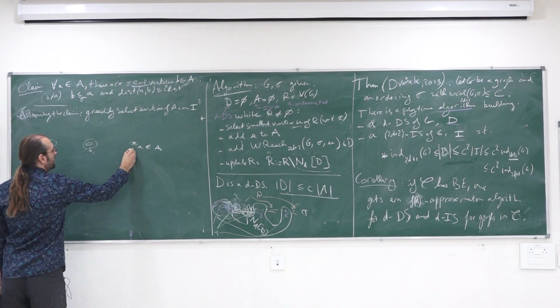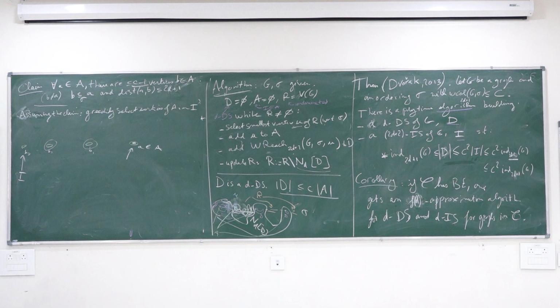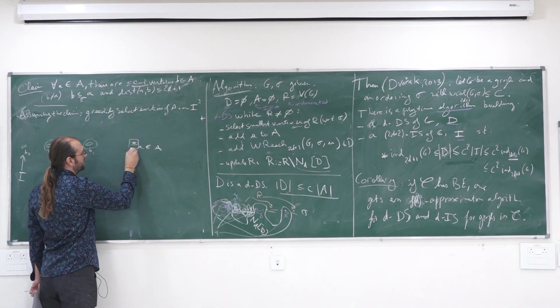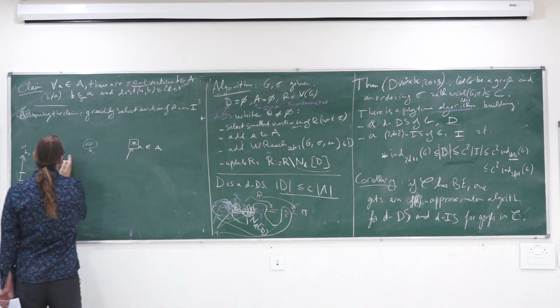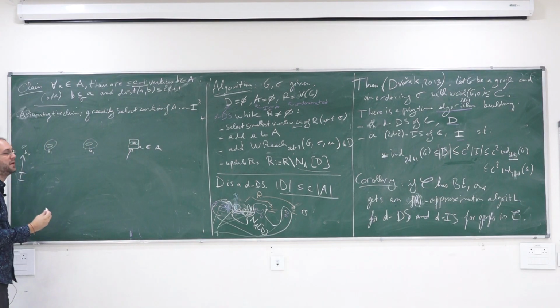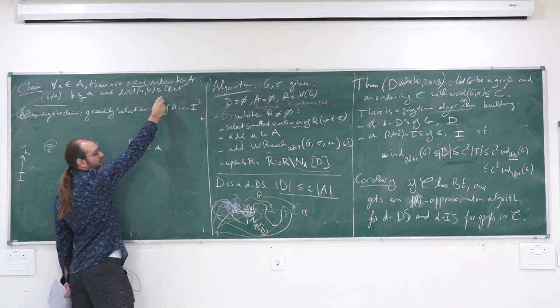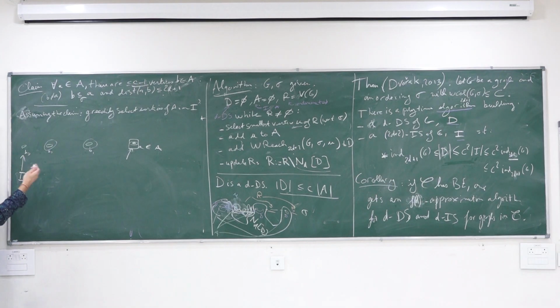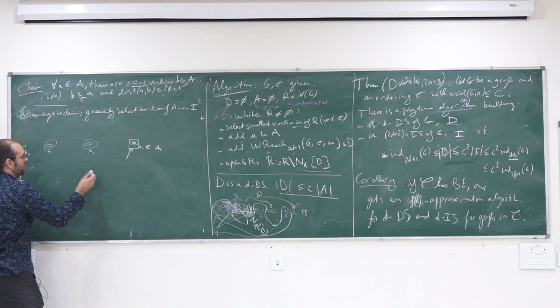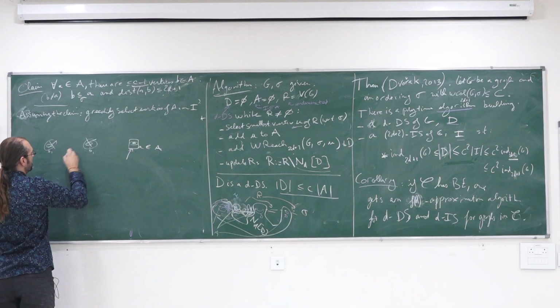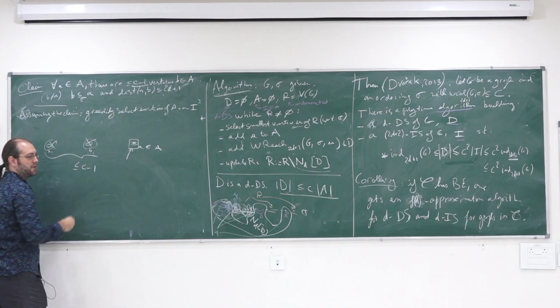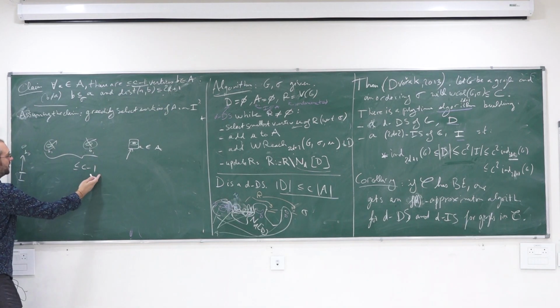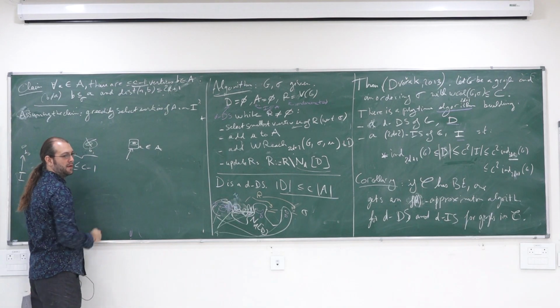So whenever I look at a vertex here, among all of those which are before, there are not too many at distance at most 2d plus 1. That means most of them will be at distance at least 2d plus 1. So there are at most C minus 1 I cannot pick at this stage. But this guy I can pick.